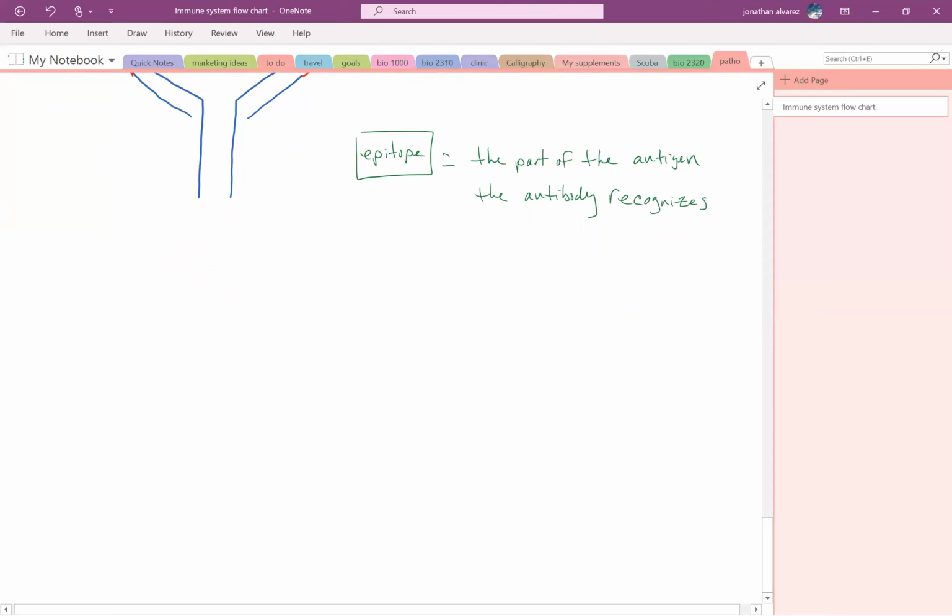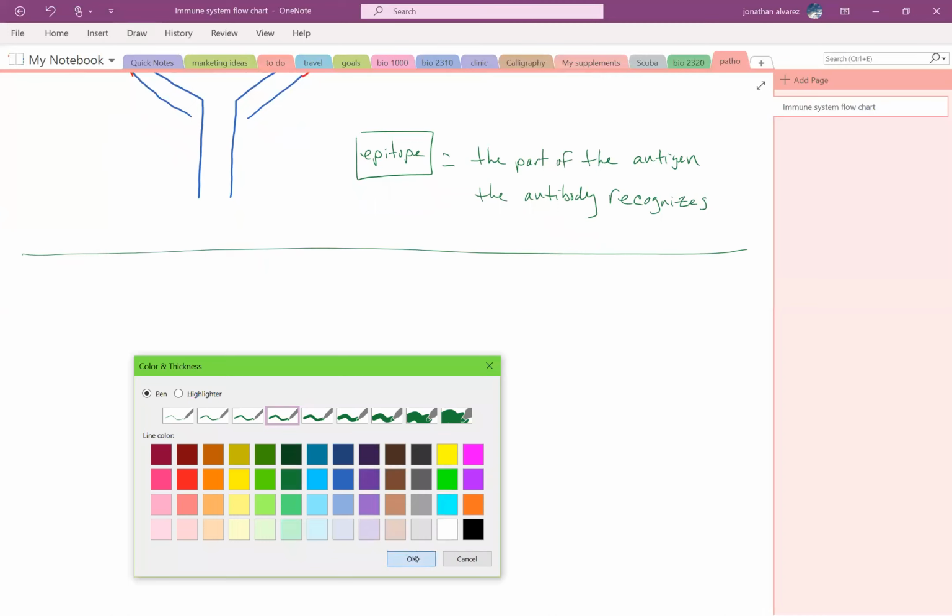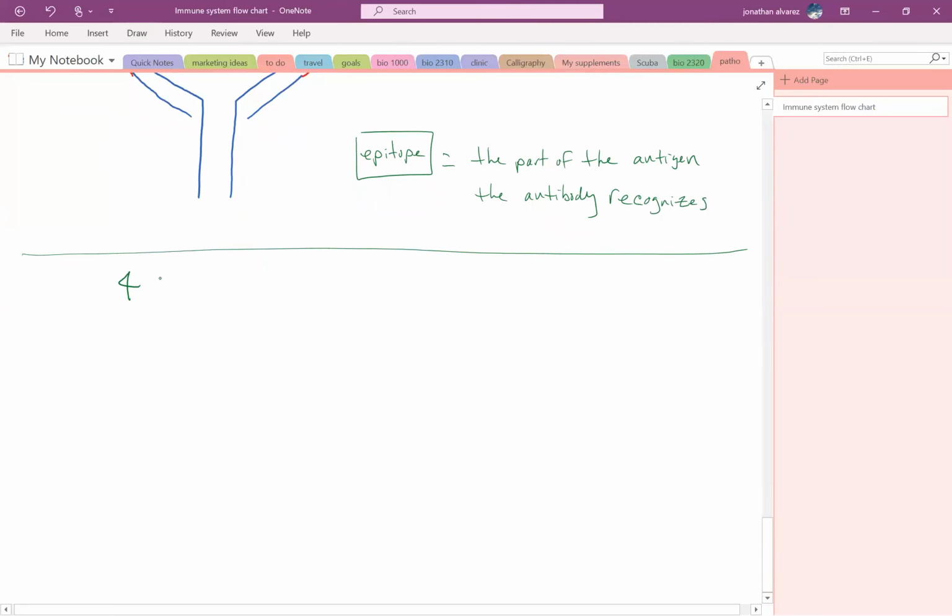All right, we have four functions to the antibody process. So four functions to the antibodies.